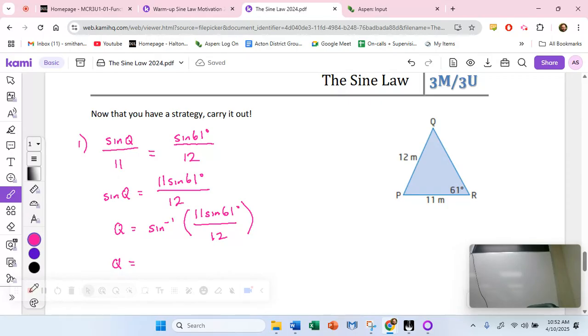But we'll get the same answer either way. Just do whatever you feel comfortable doing. Just make sure all that inverse sine stuff is inside the brackets. And I got 53.3, which seems reasonable.